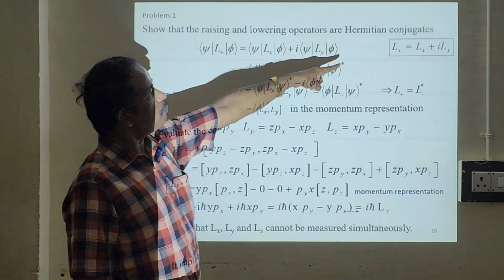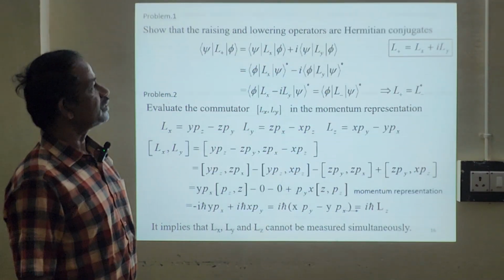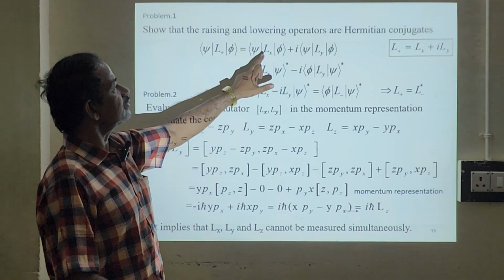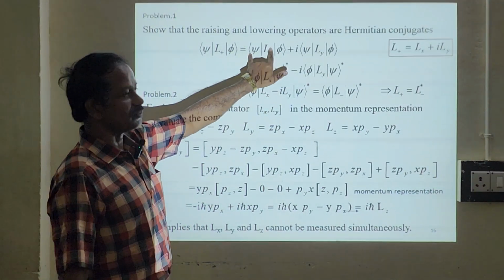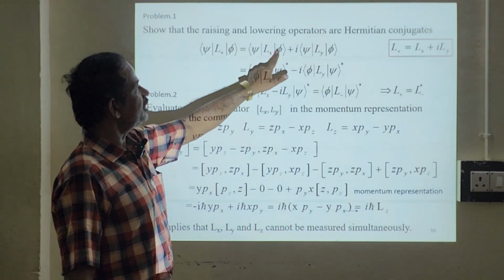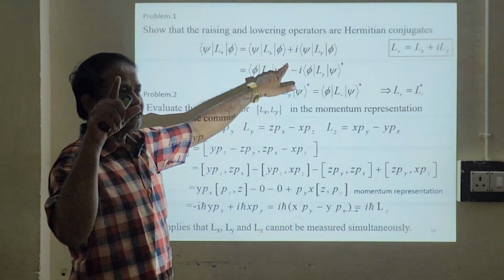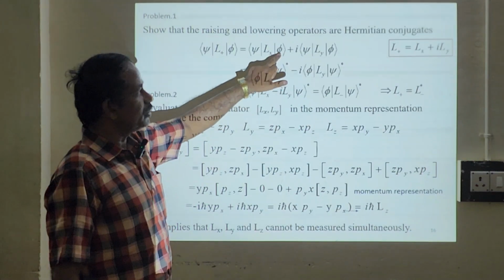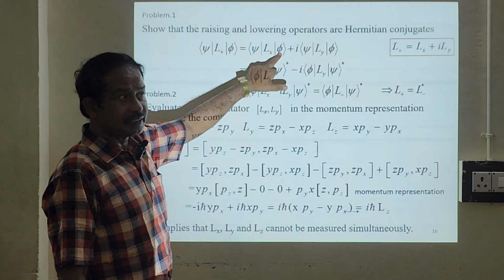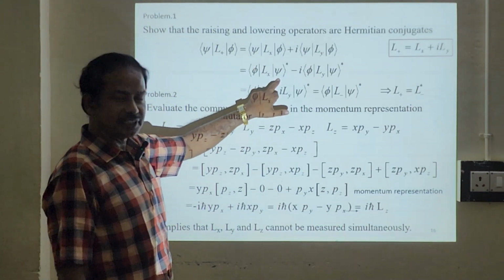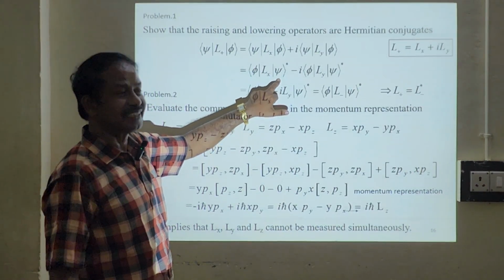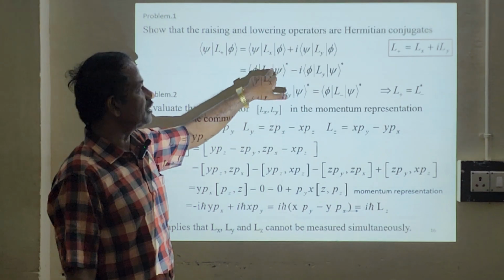We know that L plus is given by Lx plus iLy. So separate the equation as Lx and iLy. Now we are going to change this one by taking the complex conjugate.